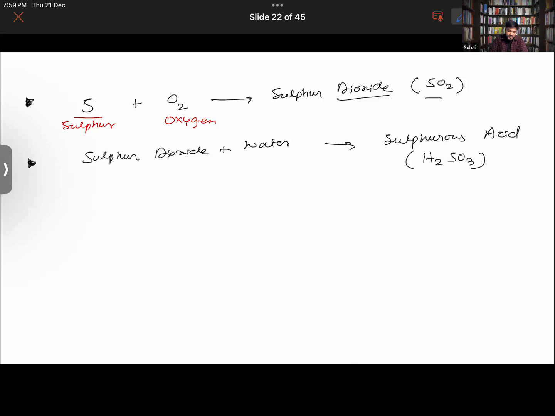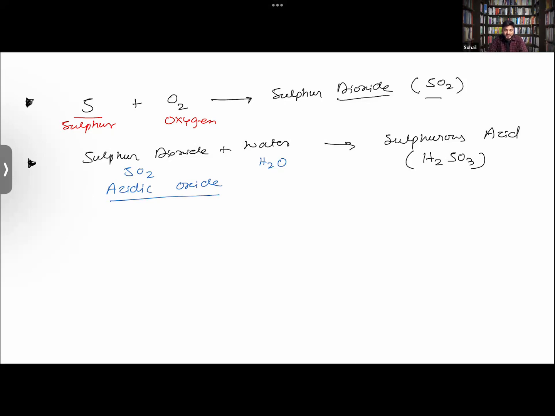So thereby I get to see that this non-metallic oxide, which is an acidic oxide, is reacting with water in order to form an acid, right? So an acid has formed over here.